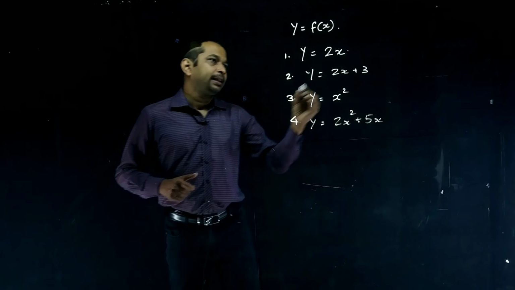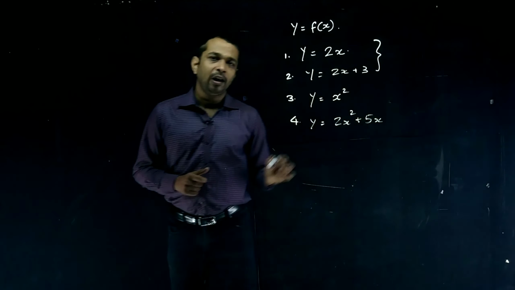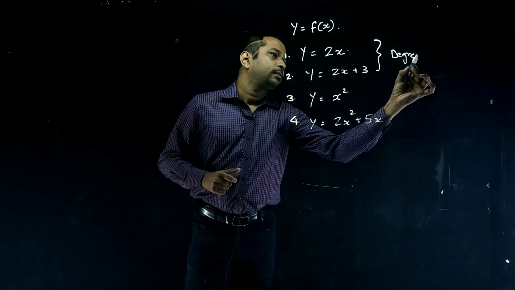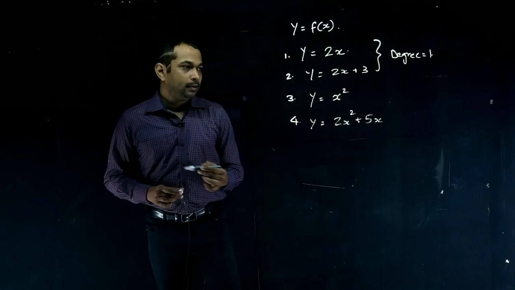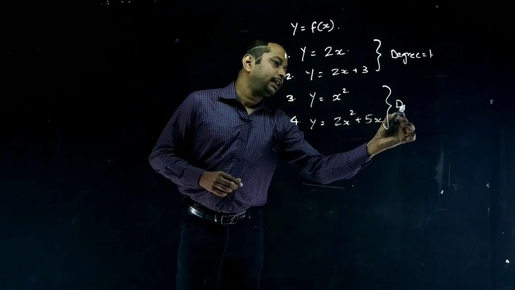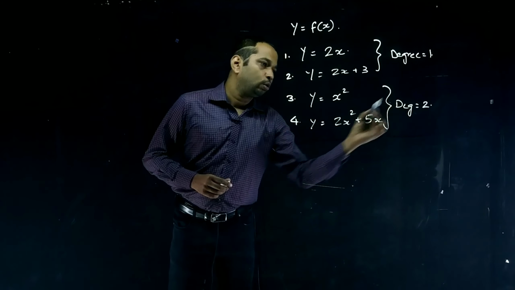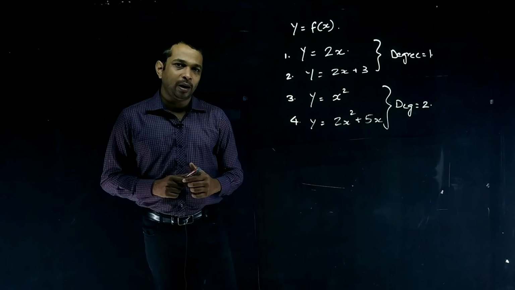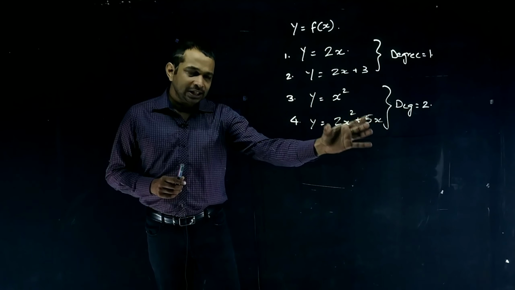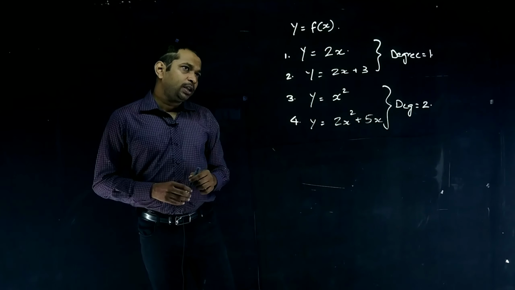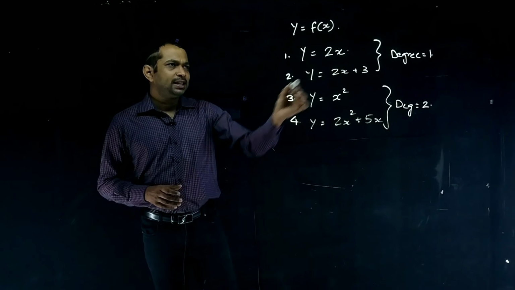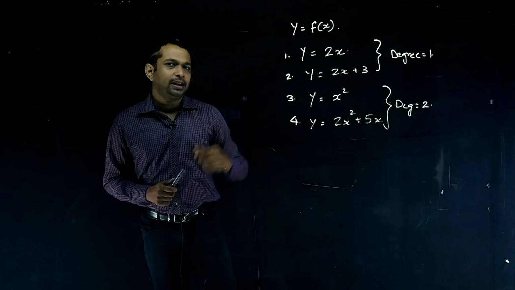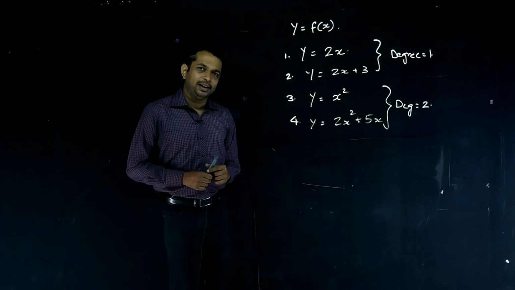So I will say here the degree of the equation in the first two is 1, and here the degree is 2. So what does the degree mean? Degree means the highest power in this function. Now if you plot a graph, just give some random values for x, find out the corresponding y and plot it in a graph.